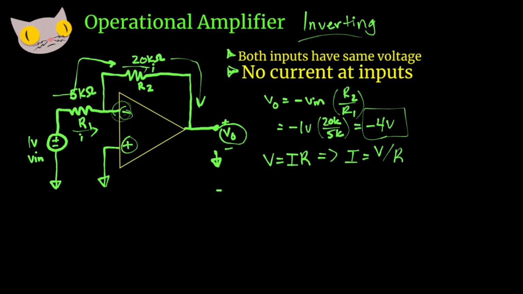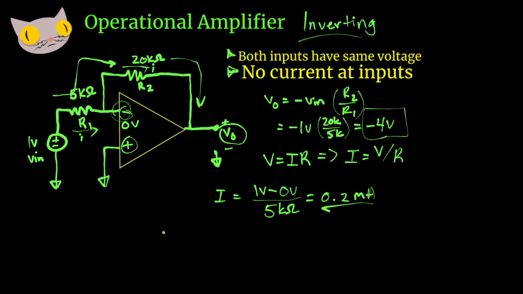So we have our voltage is 1 volt minus 0 volts, here is 0 volts, over 5k ohms. And that's going to give us 0.2 milliamps. So we have 0.2 milliamps running through R1 and R2.